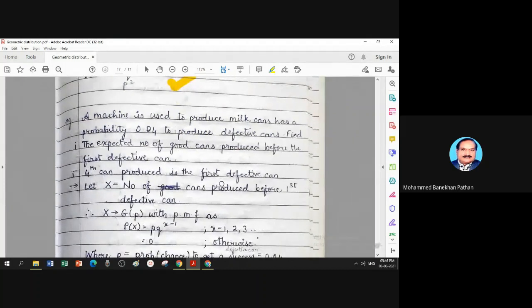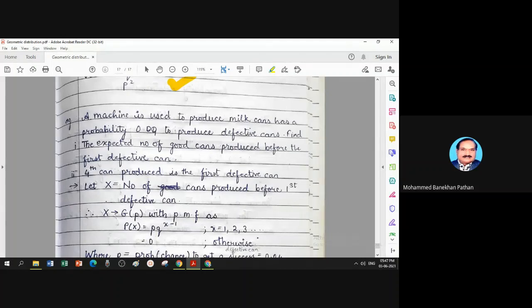Next example: a machine is used to produce milk cans, and it has a probability of 0.04 to produce defective cans.